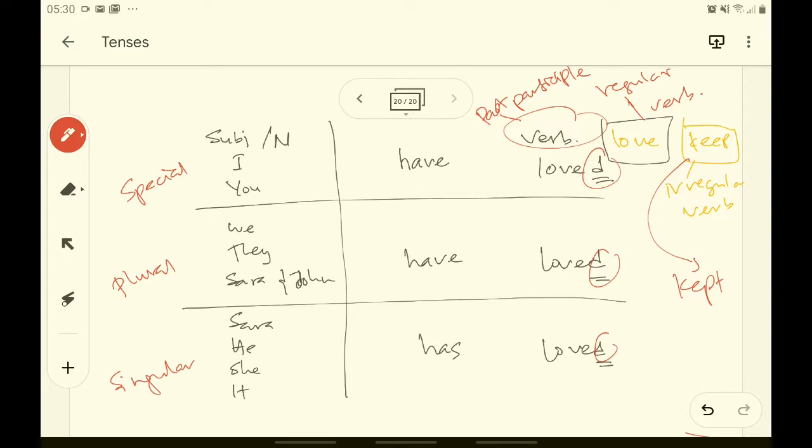But if you say that I had kept the secret, it means that you kept the secret before, and right now the secret is no longer a secret because you have told someone about it. So that is the only difference between past perfect and present perfect.